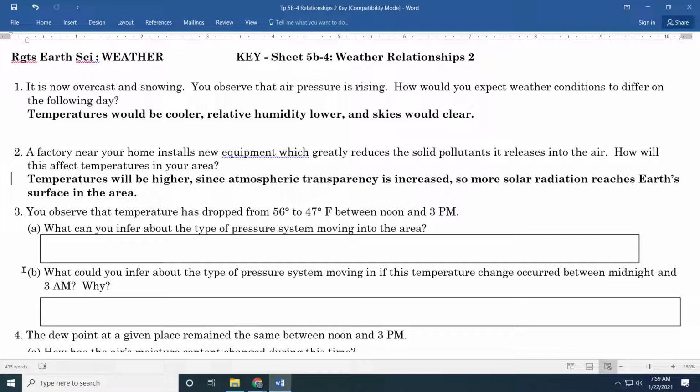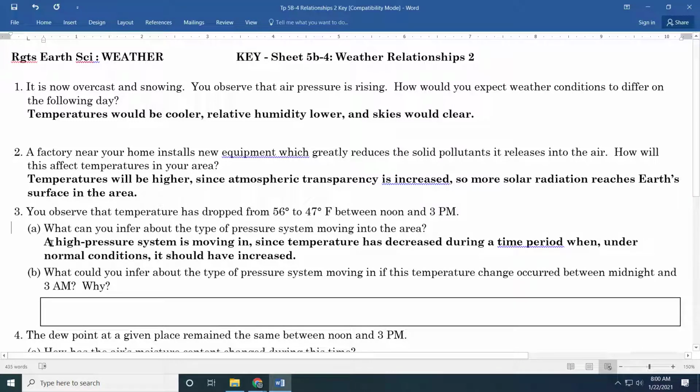So colder air, just mentioned this up above, colder air, is at high pressure or low pressure? Well, colder air is denser, and so what that tells me is it must be a high pressure moving in, because like I said, the temperature went down during a time period when normally you would have expected it to go up, so must be that colder, drier air is moving in.